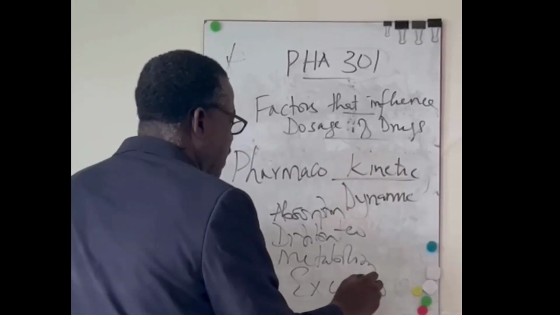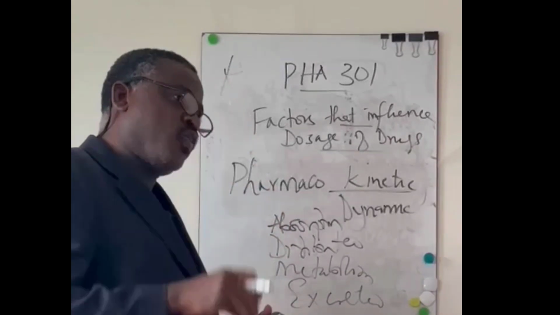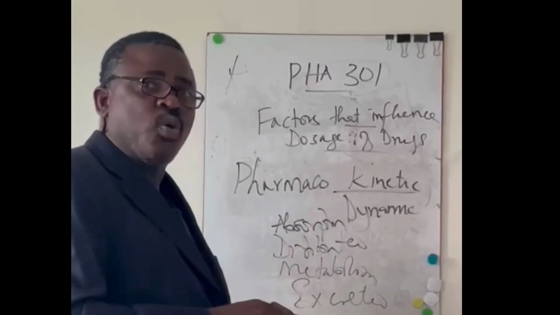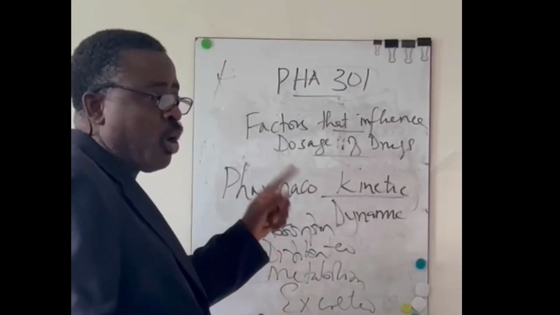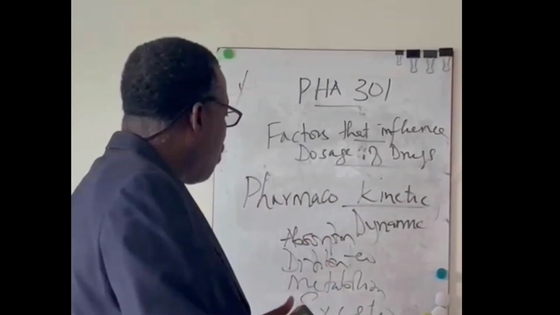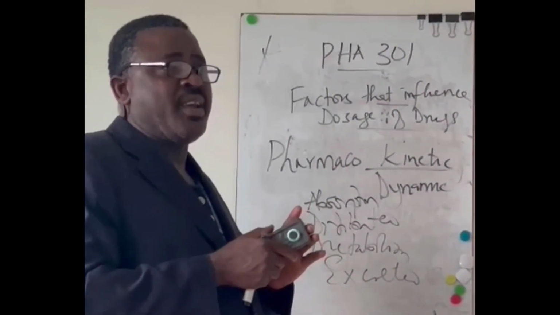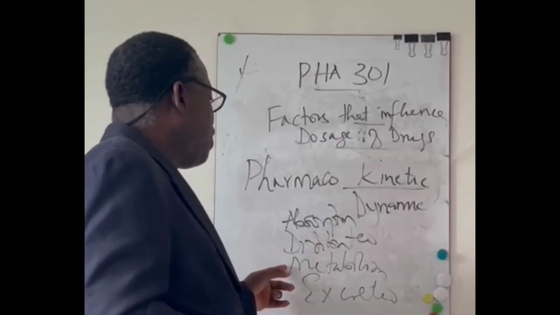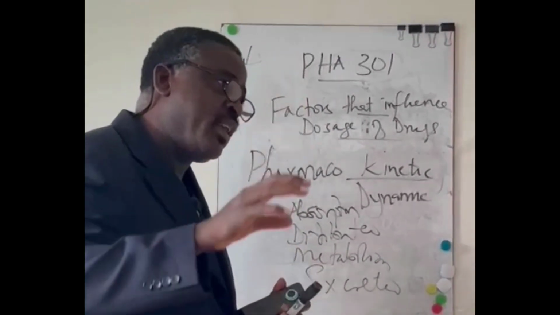Because when you take a drug, it has both useful and useless components. The drug you take must be absorbed into the bloodstream before it takes effect at all, and must be distributed to the areas where the drugs are needed. I told you of receptors and other types. Metabolism is where the drug is metabolized by the liver.